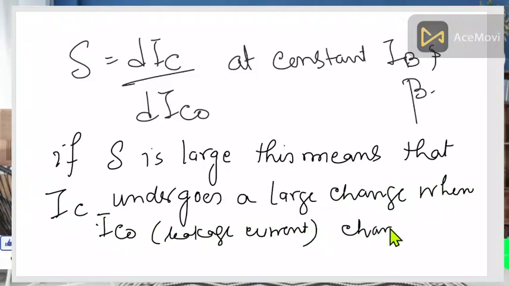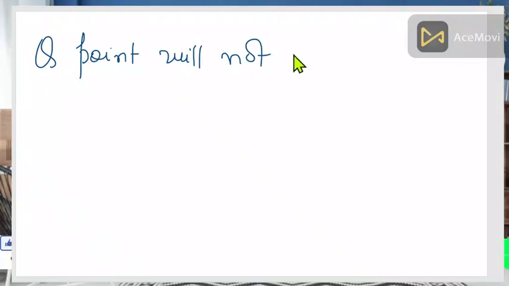So what will be the effect? If the collector current is changing by a large amount, this will cause a large shift in the Q point. As a result, the Q point will not be stable, which is not required. The Q point must be stable.